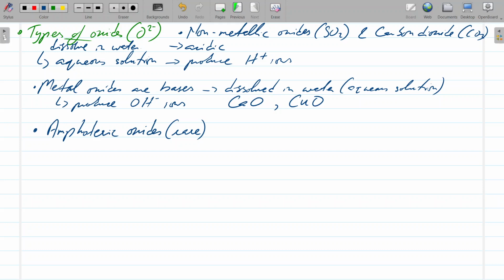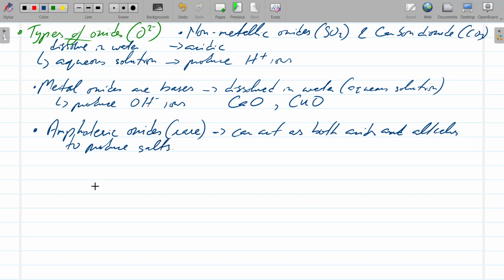Right, and so these can act as both acids and alkalis to produce salts, depending on what you're reacting them with.